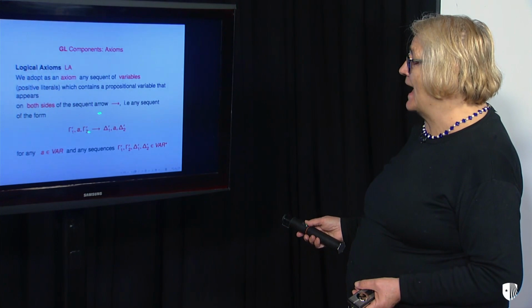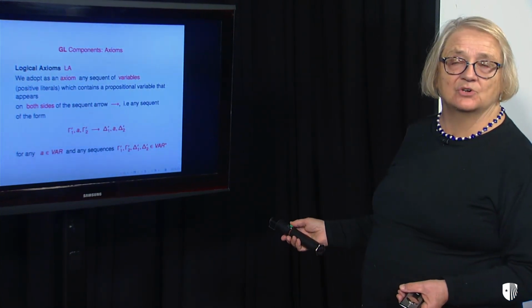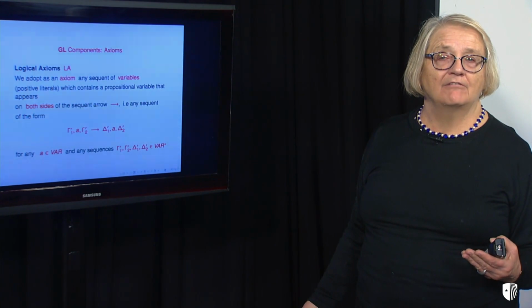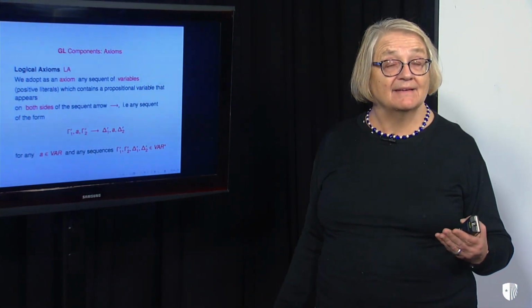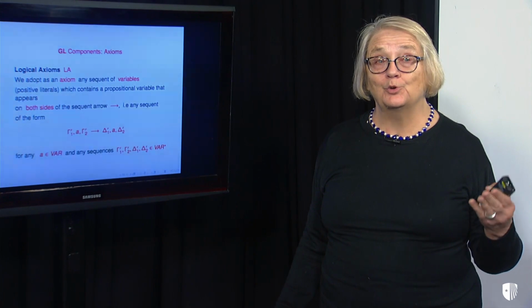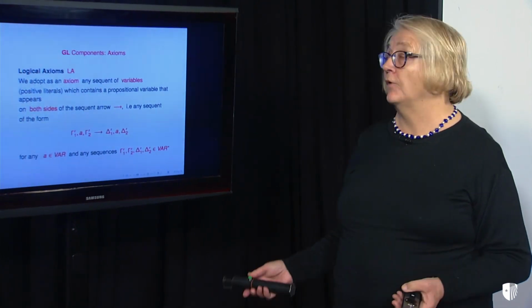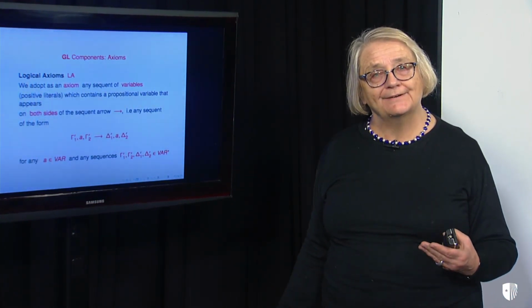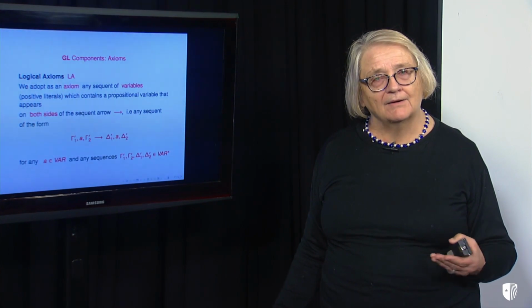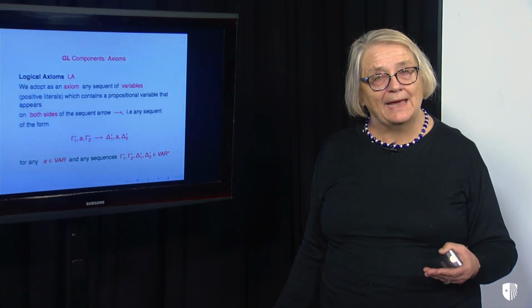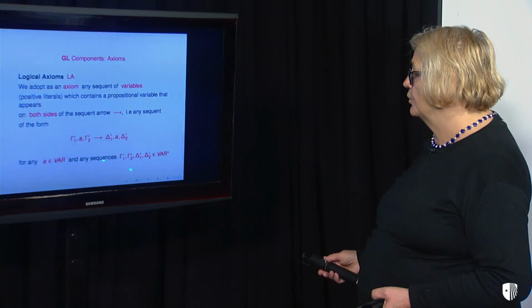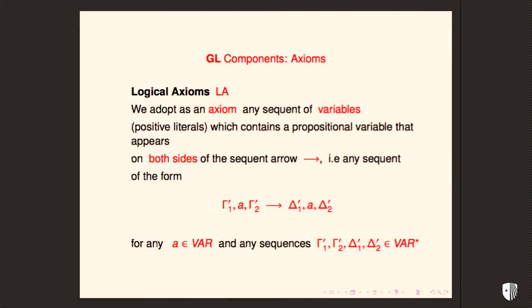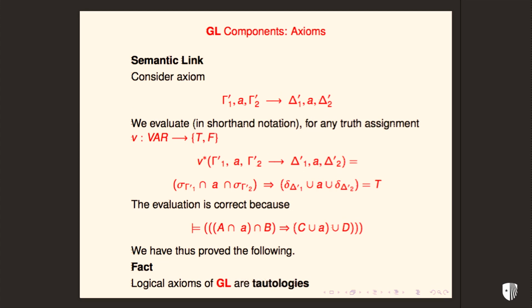So here, the fact that this is an axiom is a much more general fact than the axiom of RS, which would correspond to A or not A. So already here, the whole framework is more general than the beautiful RS framework which we had for classical logic. And again, now primes are sequences of variables. And here, the semantic link: I want to prove that the axiom is a tautology. Take any variable assignment.